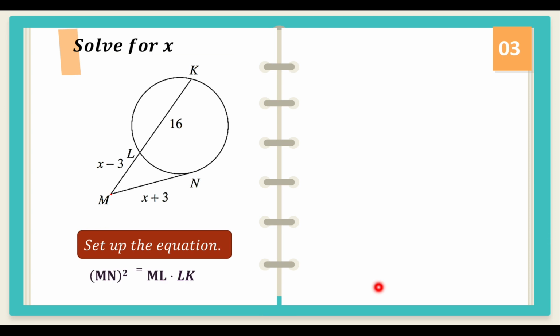Therefore, we square its measure, and we equate that with ML. ML is the outer part of the secant segment, while MK, not LK, but rather, it's not an L, it's an M. Okay, ML times MK, that is the whole secant.